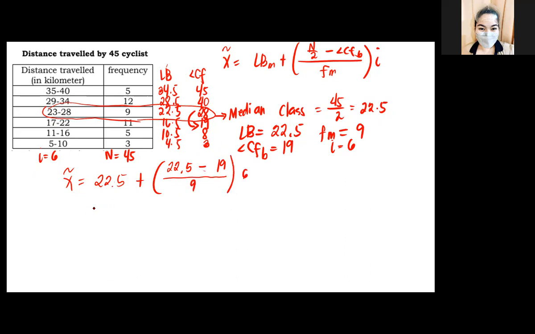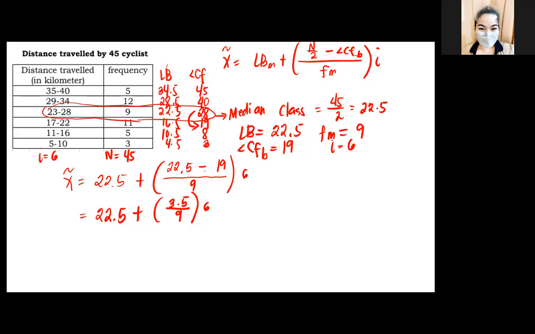So dito muna kayo sa loob magsisimula, 22.5 minus 19, we have 3.5 divided by 9. Nakikita nyo may value pa yung makikita dyan. Plus times nyo siya sa 6. Saka kayo mag-round off pag nag-multiply nyo na siya sa 6.